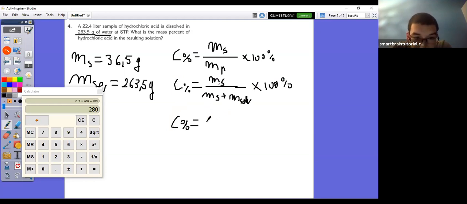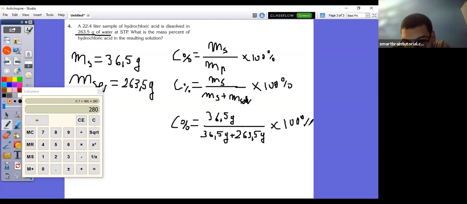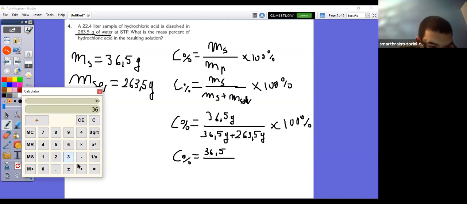So the mass of solute is 36.5 grams, over 36.5 grams plus 263.5 grams, times 100%. 36.5 plus 263.5 is 300, times 100%.